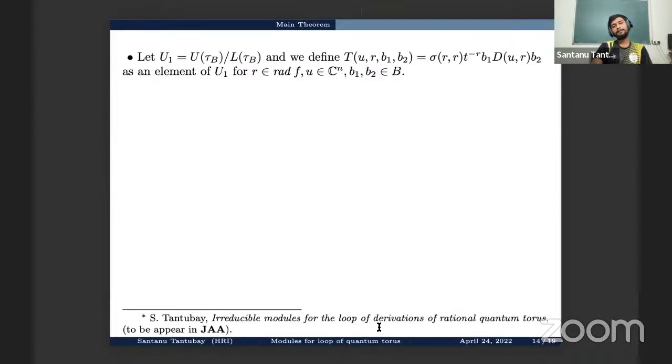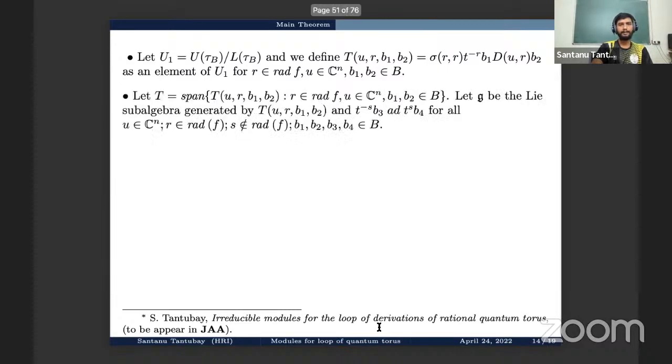Now, suppose U1 is that quotient space, U of tau B quotient L of tau B, and we define the elements T(u,r,B1,B2) by sigma RR T^(-r) B1 d(u,r) B2. This is an element of U1.